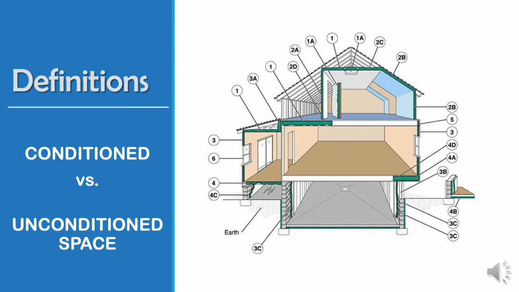So conditioned space is any space that we as human beings want to control the heat and humidity of. So typically we want to keep it in what's often referred to as the comfort zone, where it's somewhere between the lower 60s and upper 70s. Often 68 to 72 is considered the ideal comfort zone.